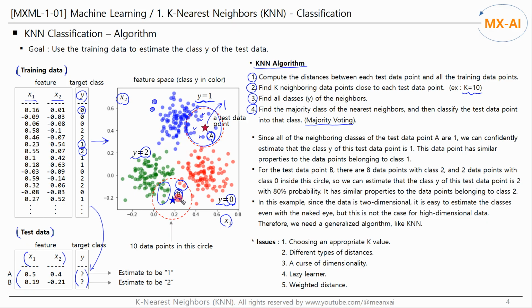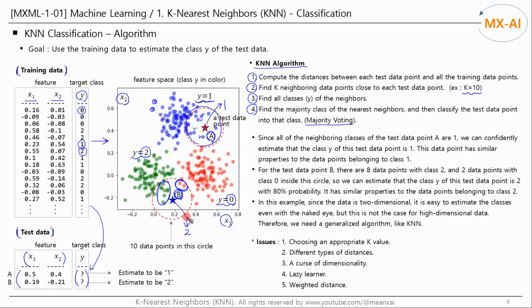For the test data point B, there are 8 data points with class 2 and 2 data points with class 0 inside this circle. So we can estimate that the class Y of this test data point is 2 with 80% probability.